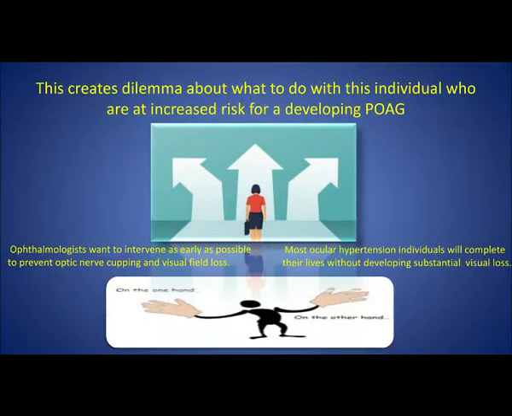On the one hand, the ophthalmologist wants to intervene as early as possible to prevent optic nerve cupping and visual field loss. On the other hand, most ocular hypertension individuals will complete their lives without developing visual loss.